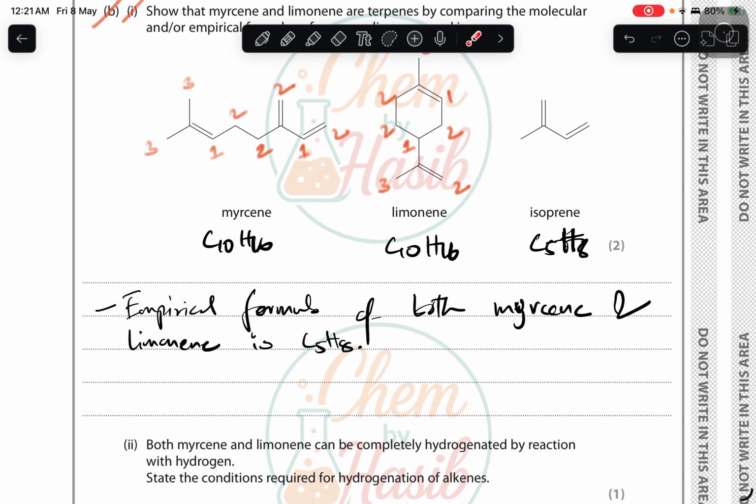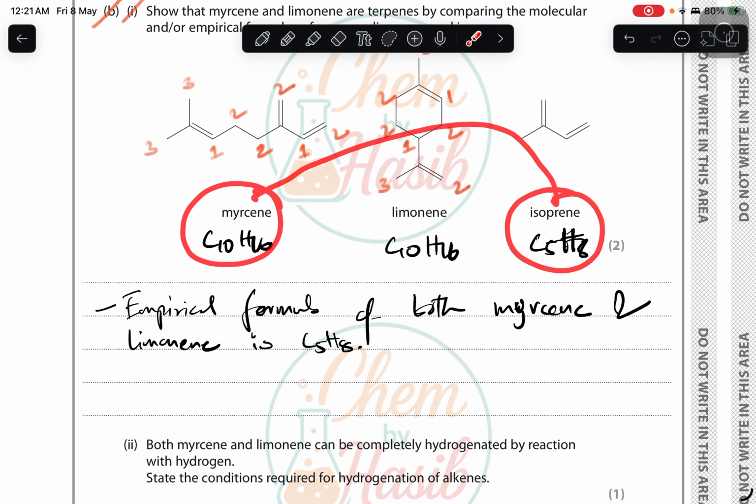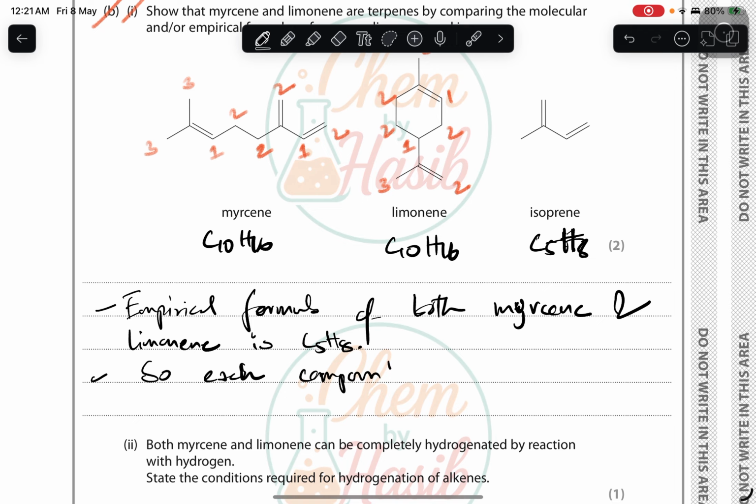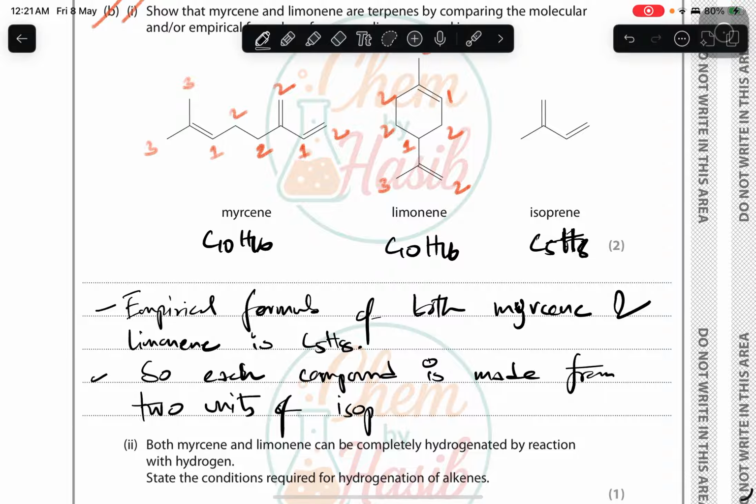So which means myrcene is made from 2 units of isoprene. It means limonene is also made from 2 units of isoprene. So each compound is made from 2 units of isoprene, which has the formula C5H8.